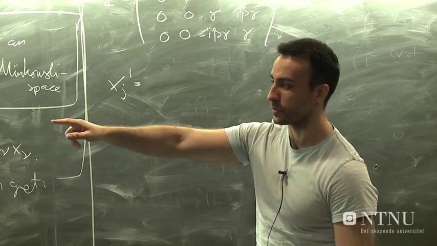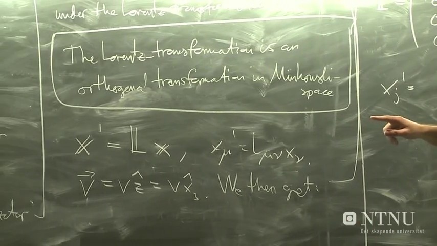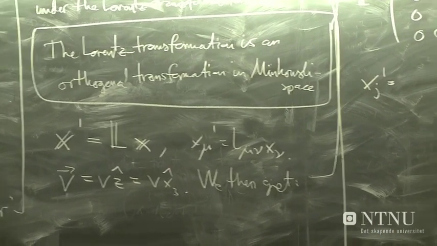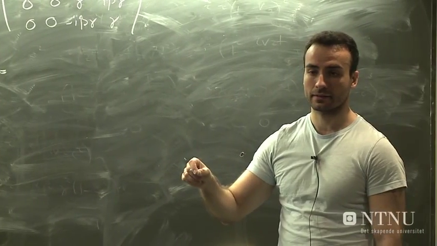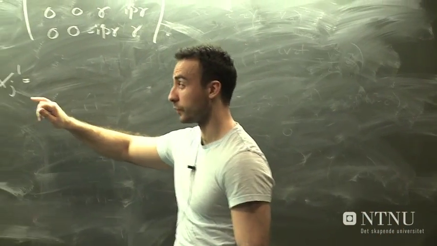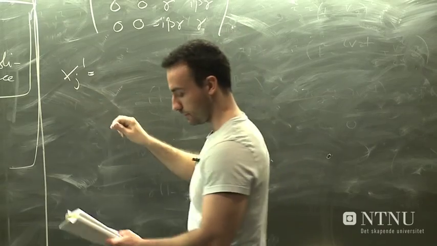So the first of these equations, r prime equals r plus the rest, corresponds then to the first 3 coordinates. So I use a Roman index, xj prime.